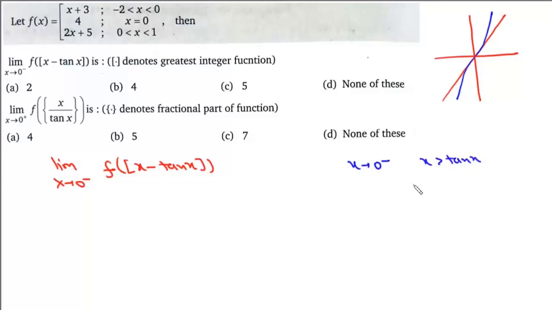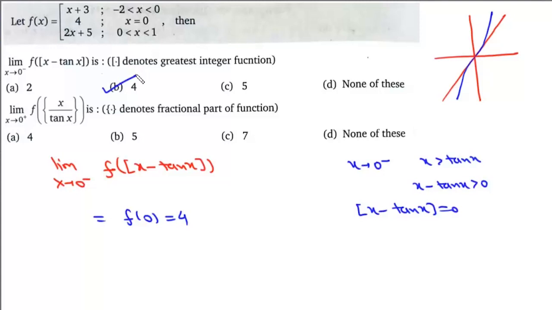That means x minus tan x is greater than 0. But this value lies between 0 and 1. Therefore, its greatest integer function of x minus tan x will take the value 0. So this limit will be equal to f(0), and f(0) is 4. That means the correct option is this option B.